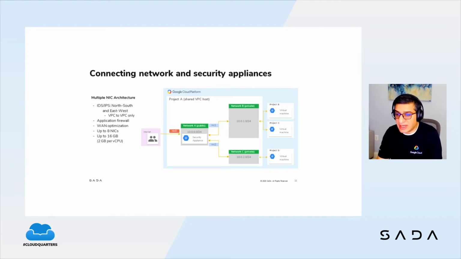So the idea here is that each one of these VPCs will host one network interface for the appliance, and this appliance will sit in line for the east-west and north-south traffic. The idea behind sitting it in line is to be able to see the traffic and act on the traffic based on the security capabilities it provides.